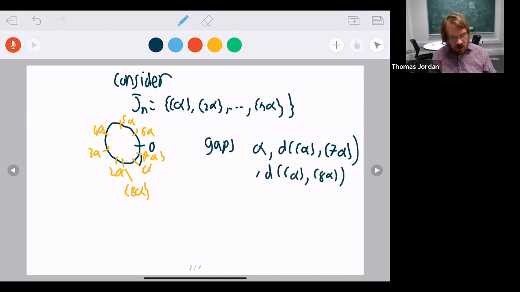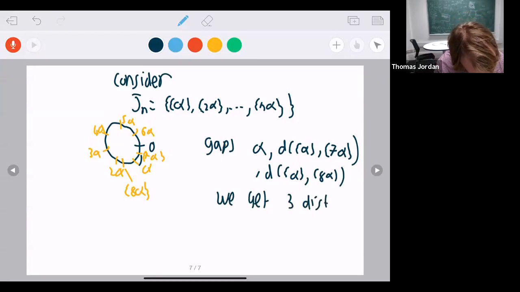Notice that if we look at 2 alpha and 8 alpha, that's just the same as the distance between alpha and 7 alpha. So we get 3 distinct gaps.